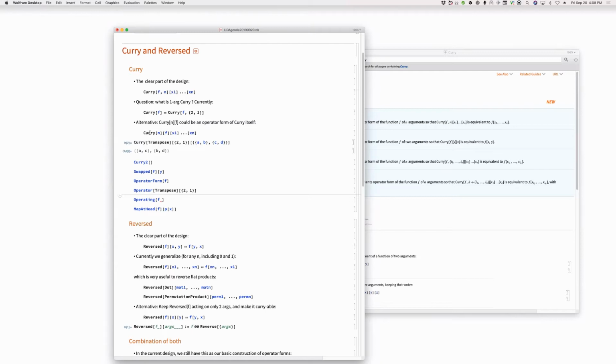I mean, making curry be something that is very puristic, having its one argument form be its curried, a self curry, seems kind of reasonable given how funky the function is to begin with.